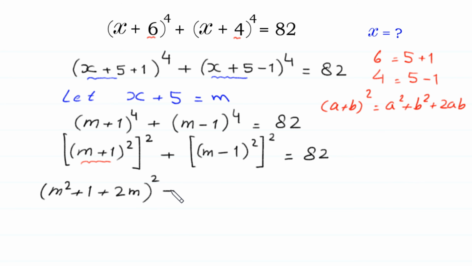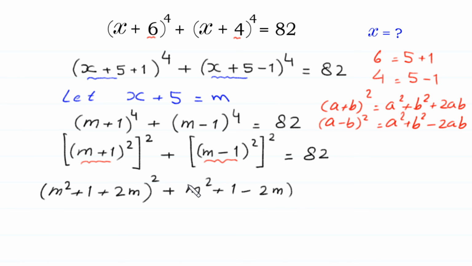This plus will come here, and according to algebraic identity, (a - b)^2 is equal to a^2 + b^2 - 2ab. This (m - 1)^2 is equal to m^2 + 1 - 2m, whole squared, is equal to 82.